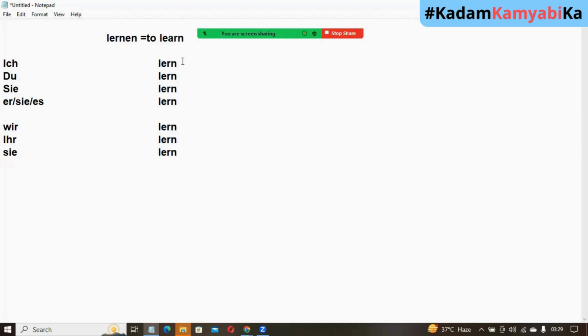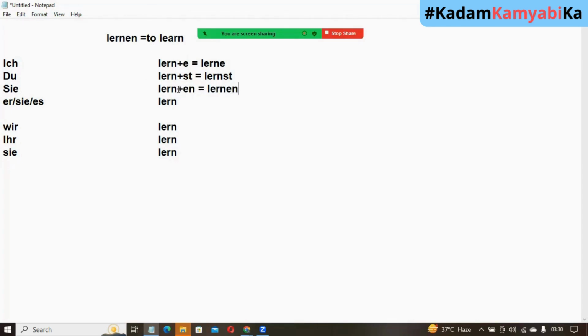Now, in ich, we always add an additional e. So it will be lerne. Final answer is lerne. In a similar way, in du, we add st. So it will be lernst. In capital Sie, we add en. So it will become lernen.